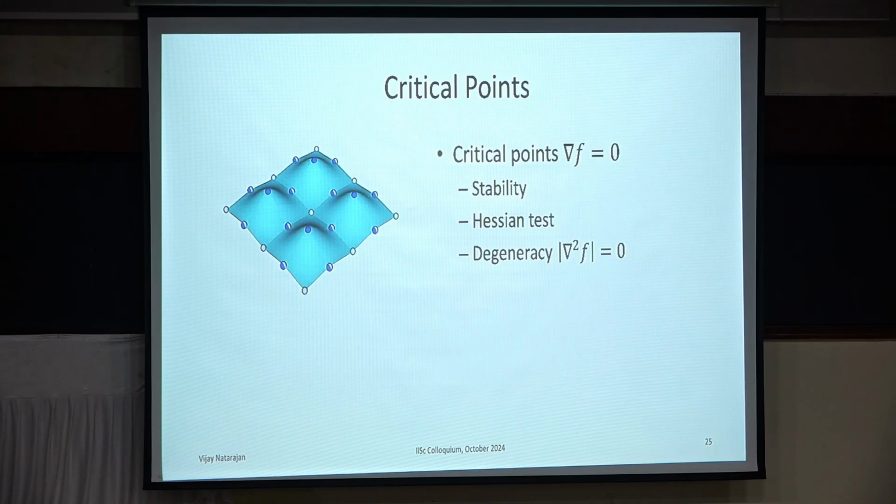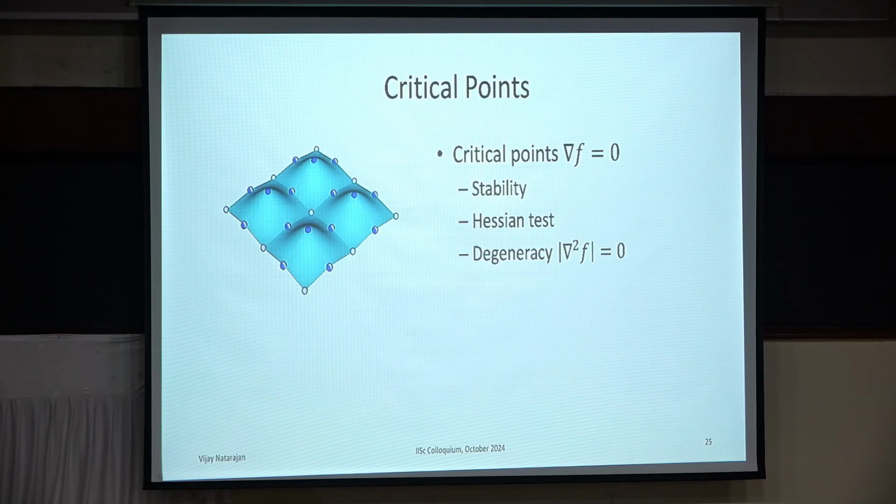If I'm at this minimum, and I perturb this point a little bit, under the influence of gravity acting in the downward direction, does it return back to the minimum? And in how many independent directions can I perturb the point such that it returns back to the minimum? So that's a notion of stability.